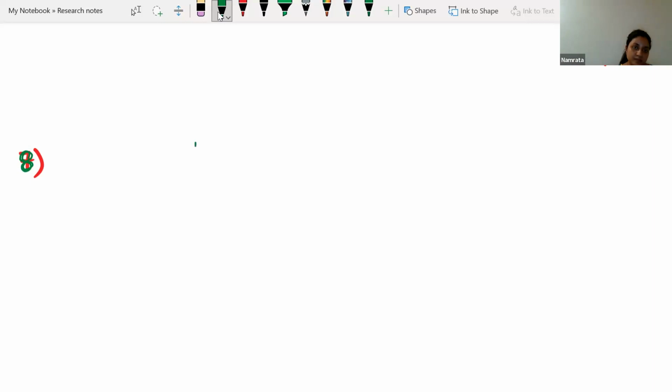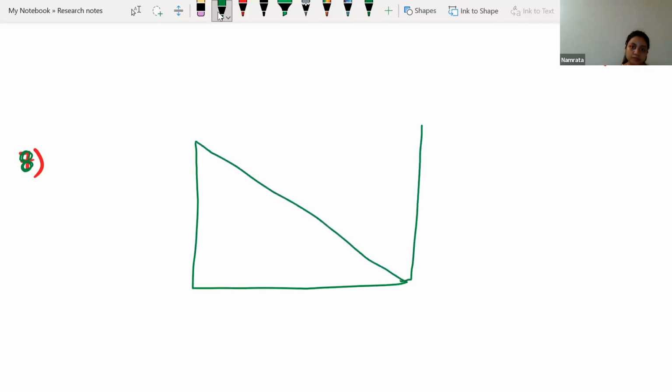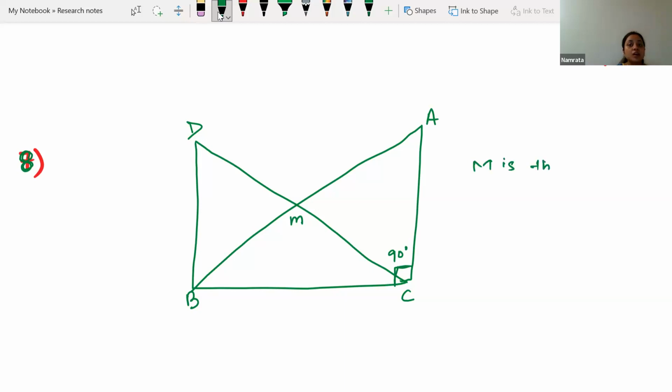Let's do number 8. Here we are having this picture. Here it says in a right triangle ABC, right angle at C. ABC is a right angle triangle, and here we are having 90 degrees. M is the midpoint of the hypotenuse AB.